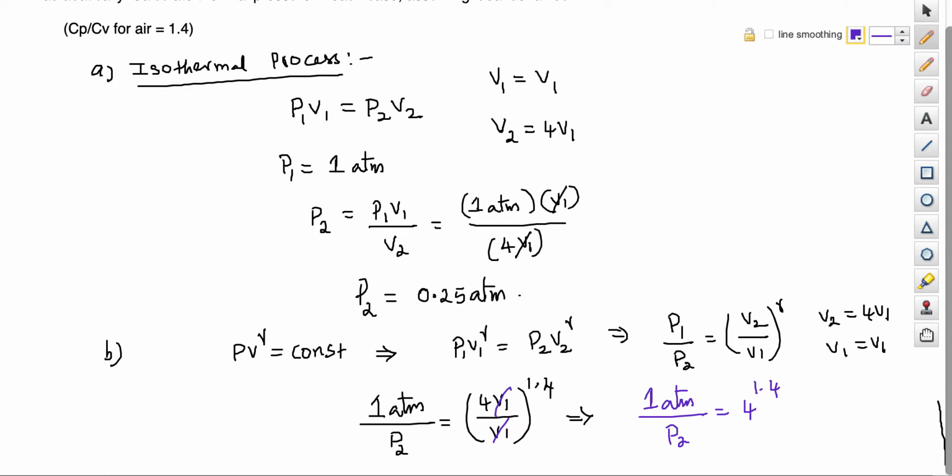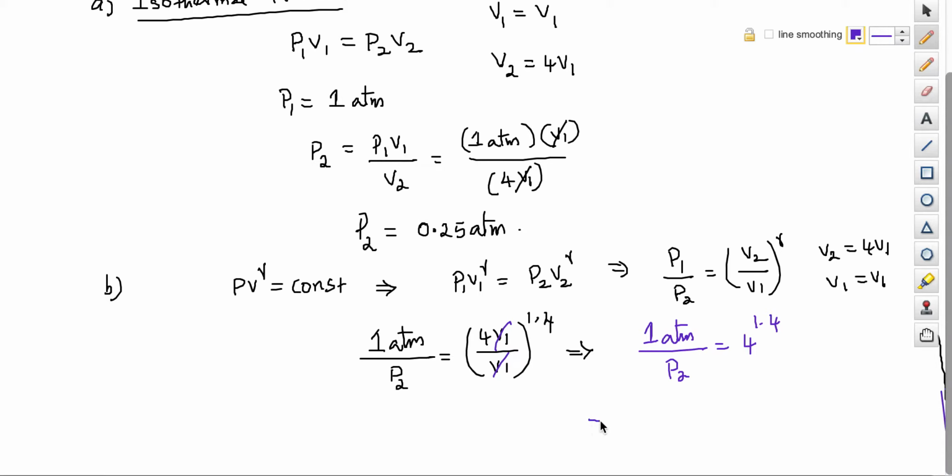So next, we get pressure P2 equal to 1 atmosphere divided by 4 to the power 1.4, and if we substitute in the calculator, 1 divided by 4 to the power 1.4, that is 0.143 atm.